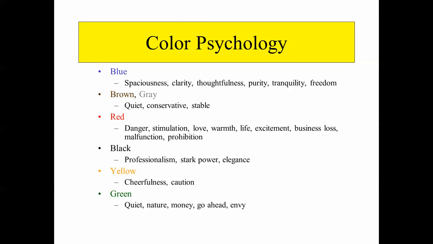Brown, gray: quiet, conservative, stable. Red: danger, stimulation, love, warmth, life, excitement, business loss, malfunction, prohibition. Black: professionalism, stark power, elegance. Yellow: cheerfulness, caution. And green: quiet, nature, money, go ahead, and envy.